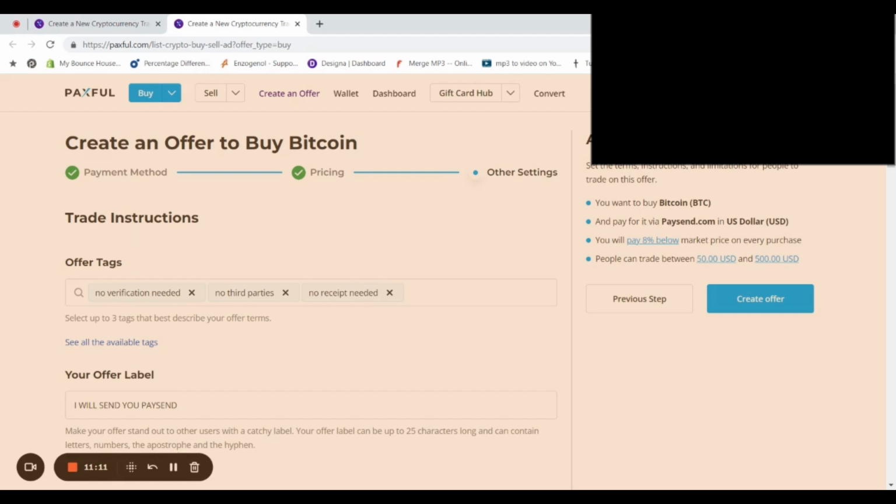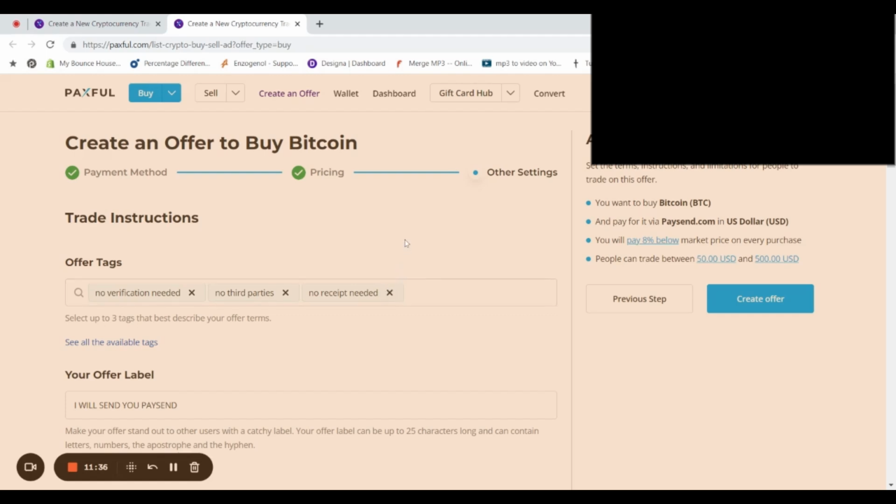I'll pay 8% below the market price for every purchase, and people can trade between 50 and 500 US dollars. You can mix and match all these different things to match your payment methods and what you have available. Perhaps you like this one, but you only want to do $100. So you can figure out what you're trading with and what your opportunity is.